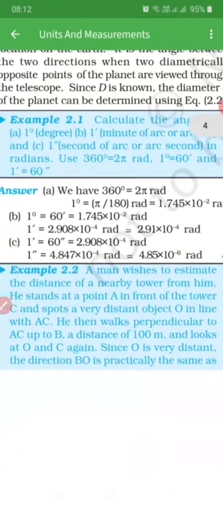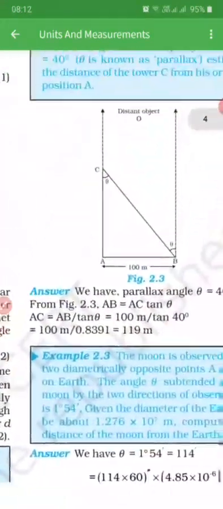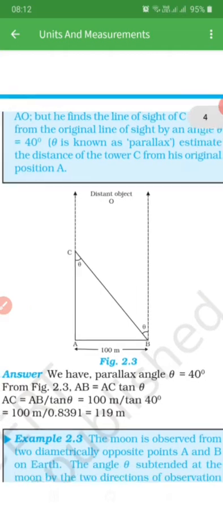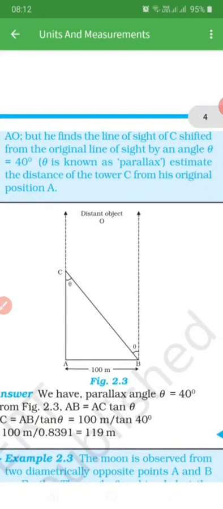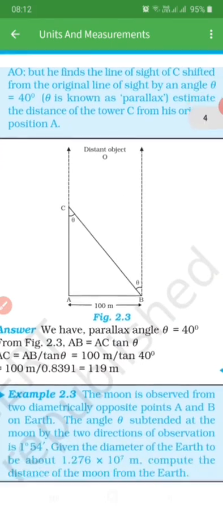Since O is very distant, the direction BO is practically the same as AO, but he finds the line of sight of C is shifted from the original line of sight by angle theta is equal to 40 degrees. So it is parallax. Okay.